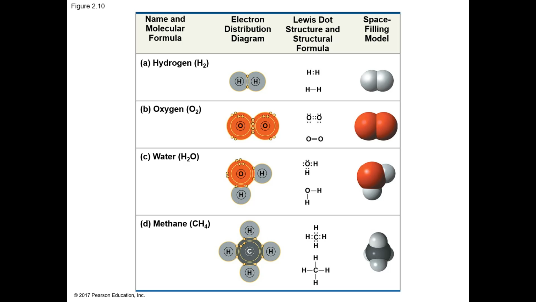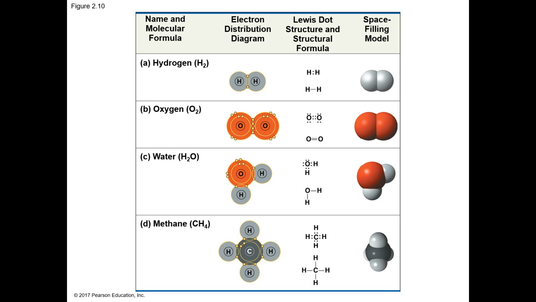You've got two hydrogens bonding, and they're showing the two electrons being shared covalently between the two of each other. You've got the Lewis dot structure in the third column to the top, and then you have the structural formula right below it, H to H with a dash in between, and then you have the space filling model, which is just showing you, like if you're going to use a balloon or whatever to represent each element, how they're merged together.